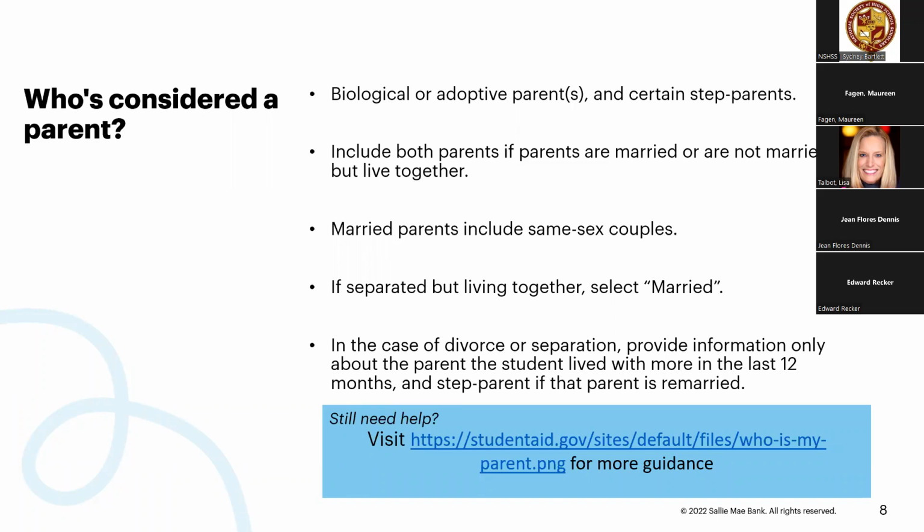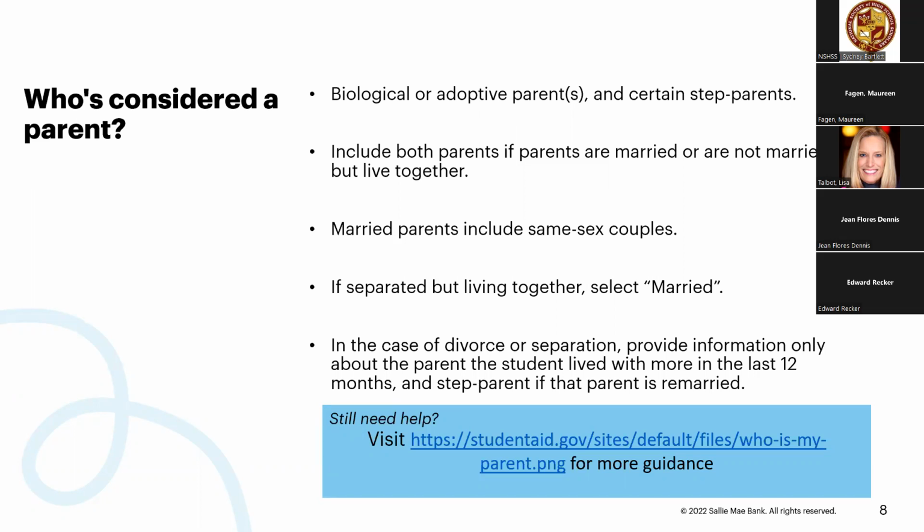So I want to say that again. When the parents are divorced or separated, the student would put the parent who provides more than 50% of the support for their student. And generally, it's the parent that they live with more than 50% of the time, but not always.